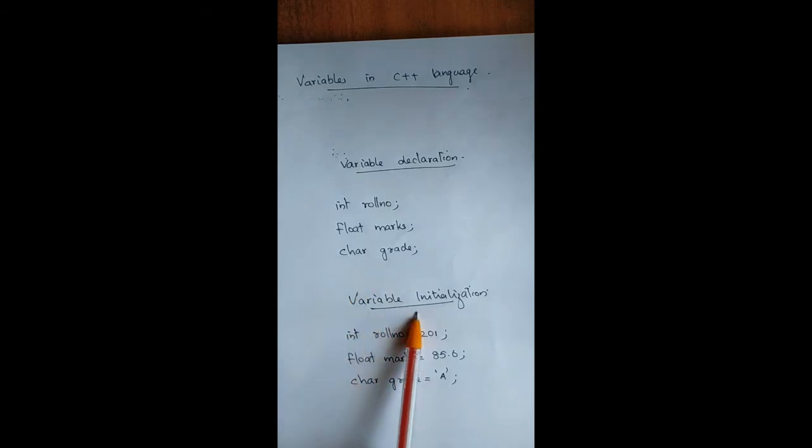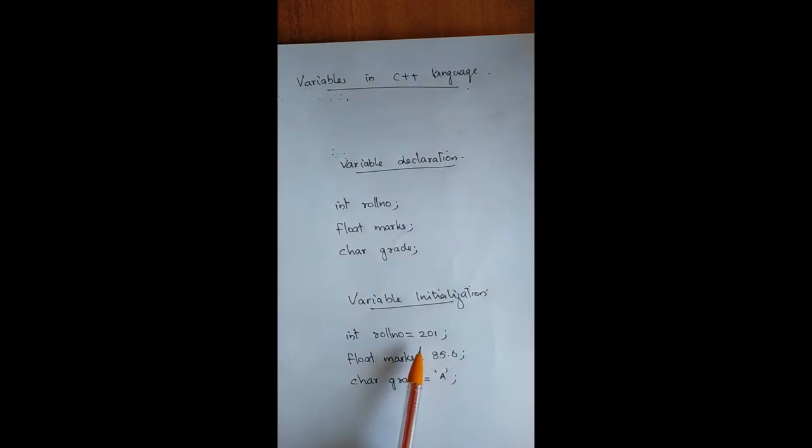The variable initialization is int rollnumber equal to 201; float marks equal to 85.6, end with semicolon; then char grade equal to 'A' with semicolon. Here the character value is always written in single quotes.